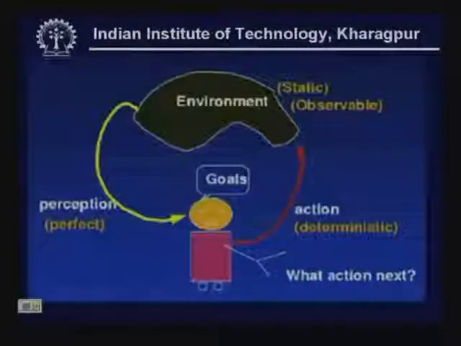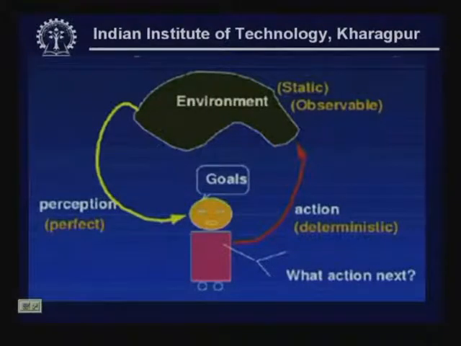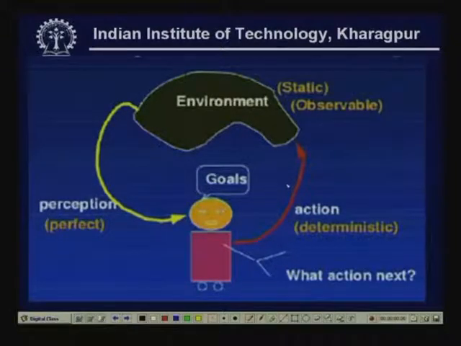So this is a schematic overview of the intelligent agent that we discussed in the beginning of this course. If you remember, this is an agent, this is the environment. The agent interacts with the environment. For simplicity, initially we will assume, at least for this course, that the environment is static and the environment is fully observable.